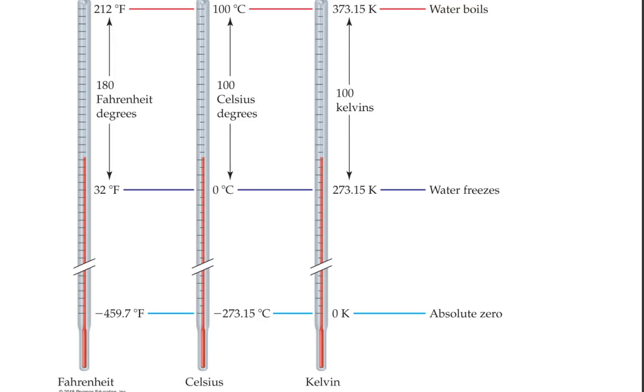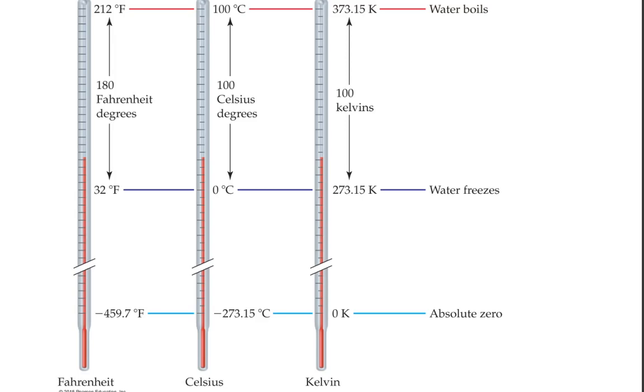You will see the conversion shortly, how to do that. In this unit, water freezes at 273.15 Kelvin and boils at 373.15 Kelvin. We have something called absolute zero, and nothing can get colder than absolute zero.